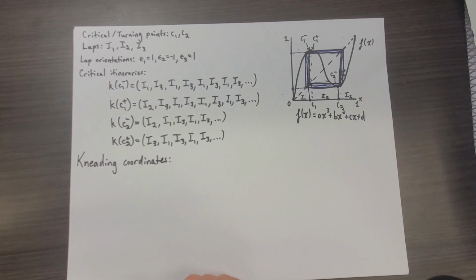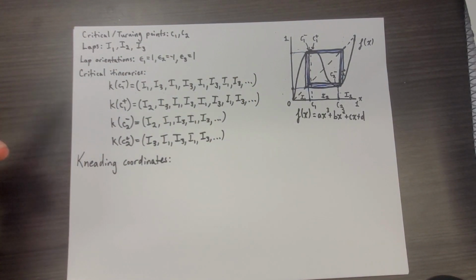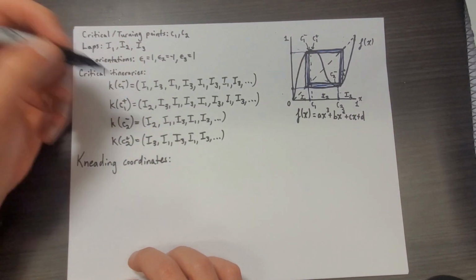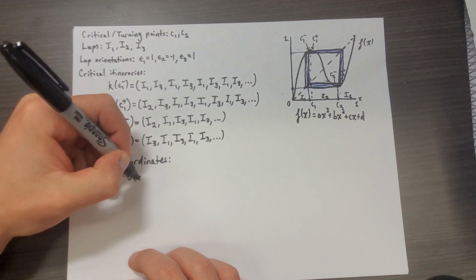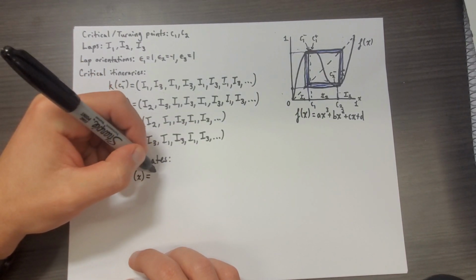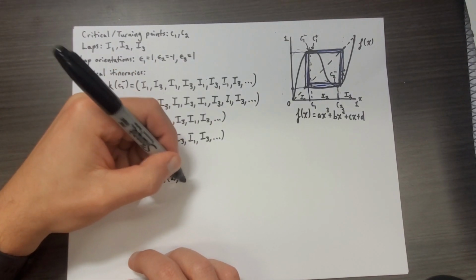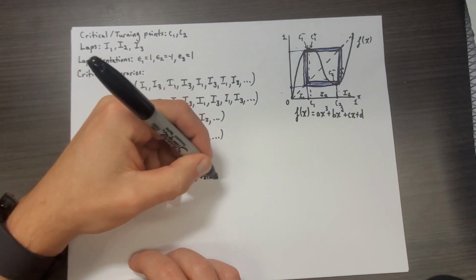Now we want to know the Kneading coordinates of the critical itineraries, or of the points just off from the critical points, C1 minus, C1 plus, and so on. And the way you get this is, well, these are written like so. They're also sequences. So if I have a point x in the domain, the Kneading coordinate for that point is going to be a sequence with theta 0 of x, theta 1 of x, theta 2 of x, and so on forever.